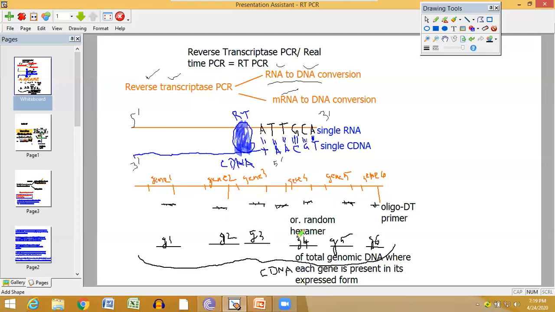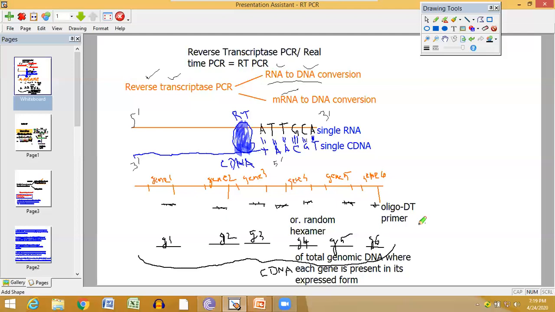Rather, random hexamers, that means 6 nucleotides or larger oligonucleotides, are randomly prepared by solid phase nucleotide synthesis, and all these randomly formed hexameric or longer oligonucleotides are added in the reaction mixture.